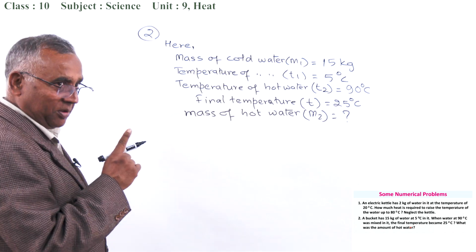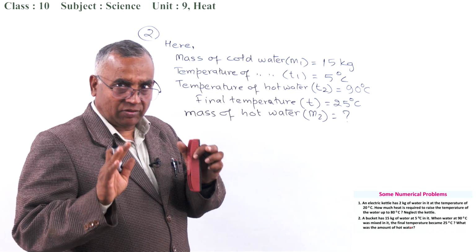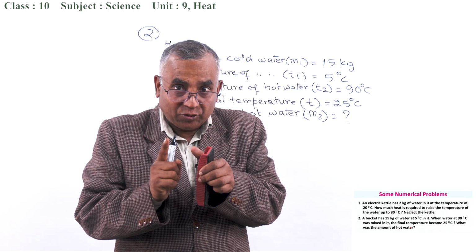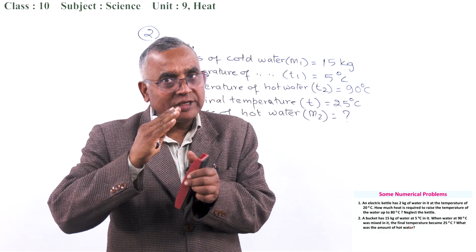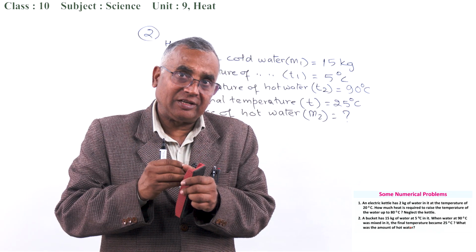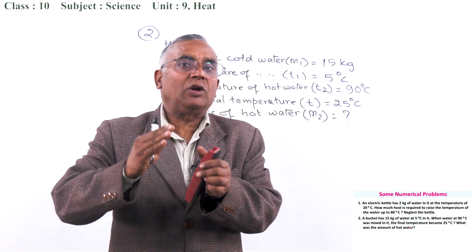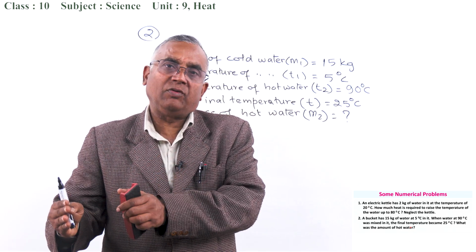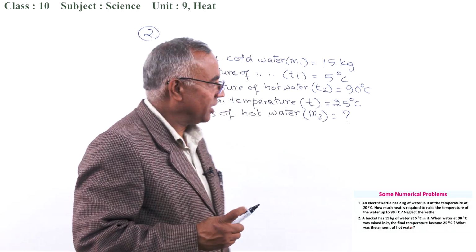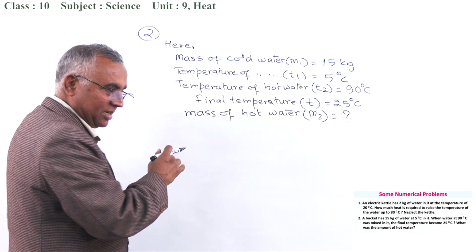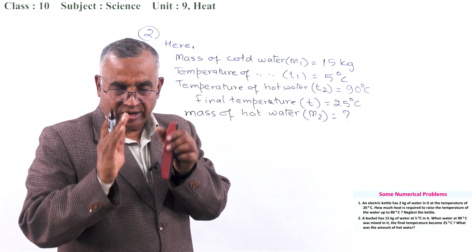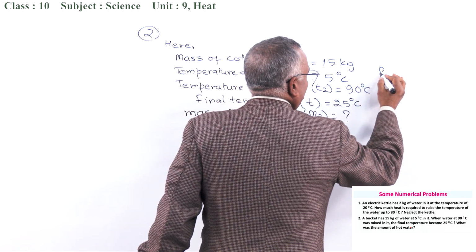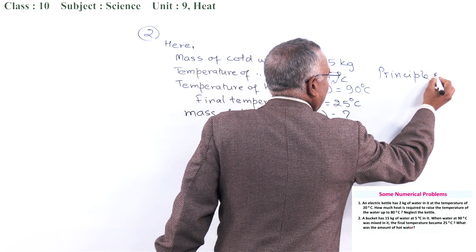One thing you have to keep in mind: if two bodies at different temperatures are kept together, then the hotter body loses heat and the colder body gains heat. Already you have studied this. The amount of heat lost is equal to the amount of heat gained. Whatever heat is lost by the hotter body will be taken by the colder body. Remember, this relation is called the principle of calorimetry.